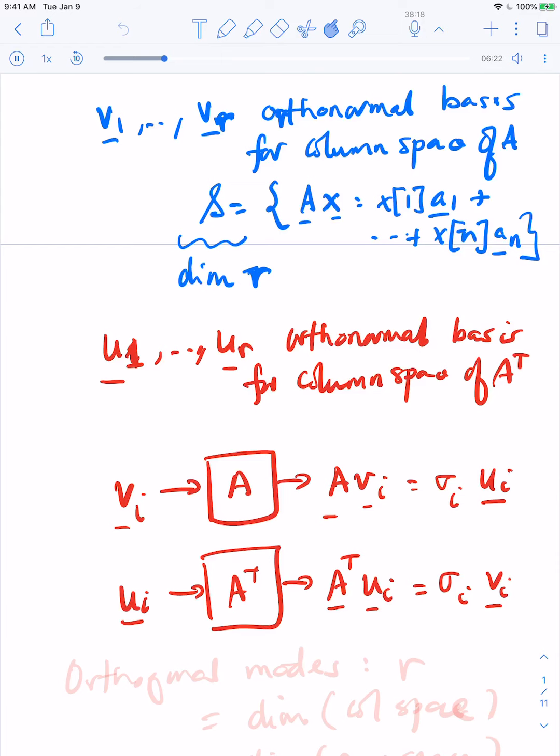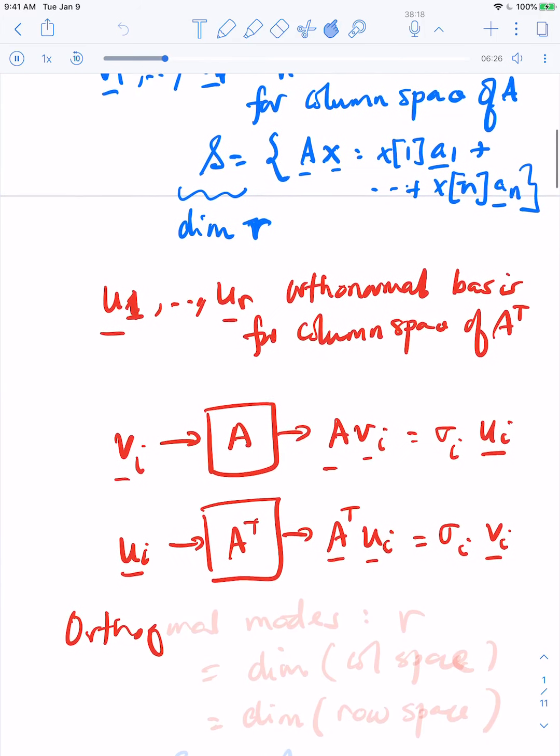So essentially what I've found is there are these orthogonal modes into which I have decomposed A or A transpose.